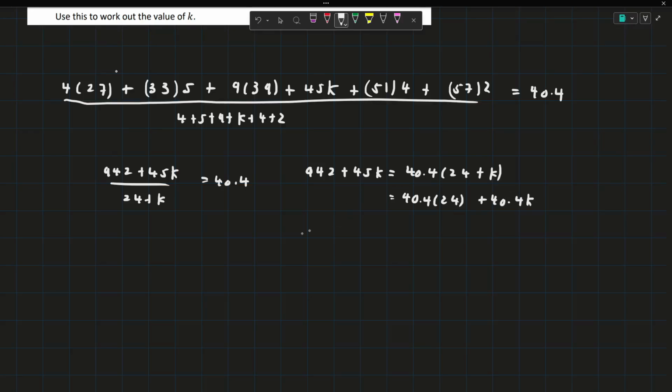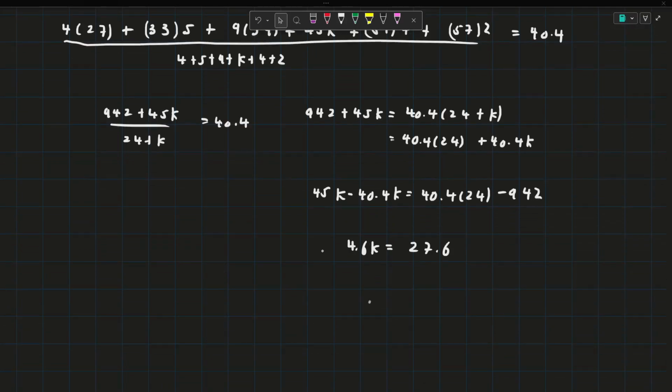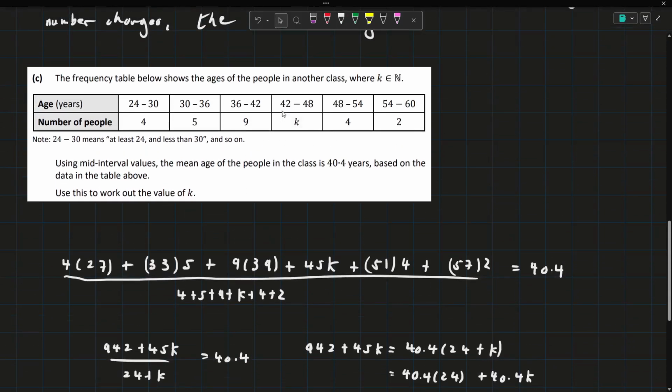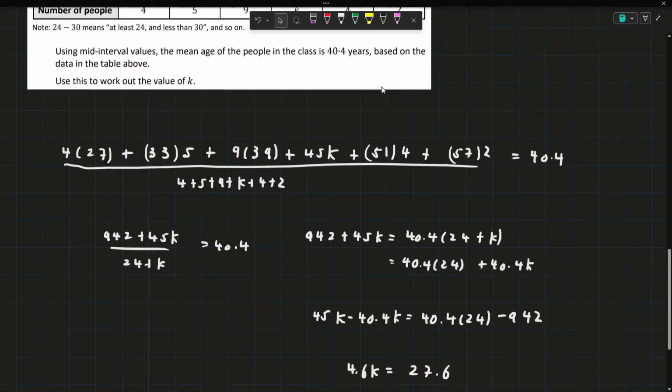Then I'll bring all the k's to the left-hand side. We'll have 45k minus 40.4k equal to 40.4 times 24 minus 942. When you simplify that, you get this, and then we can divide both sides by 4.6, and we get k is equal to 6, which makes sense. It should be a whole number, because we should have a whole number of people, and we're even told that k is a natural number, so we're done.